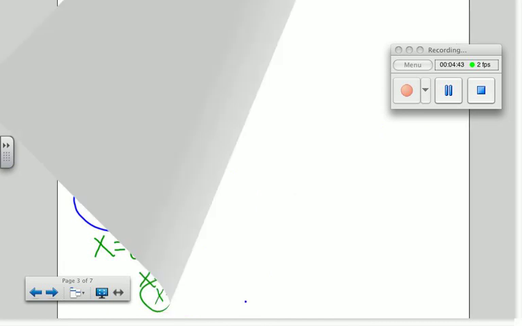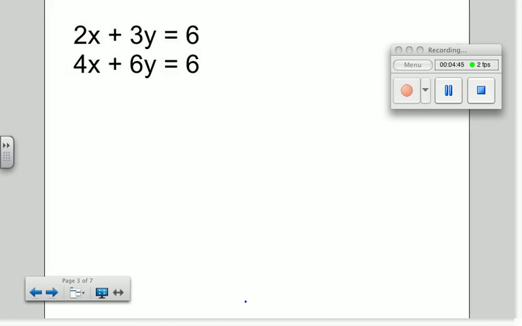Let's take a look at another example. This time we have 2x plus 3y equals 6 and 4x plus 6y equals 6.